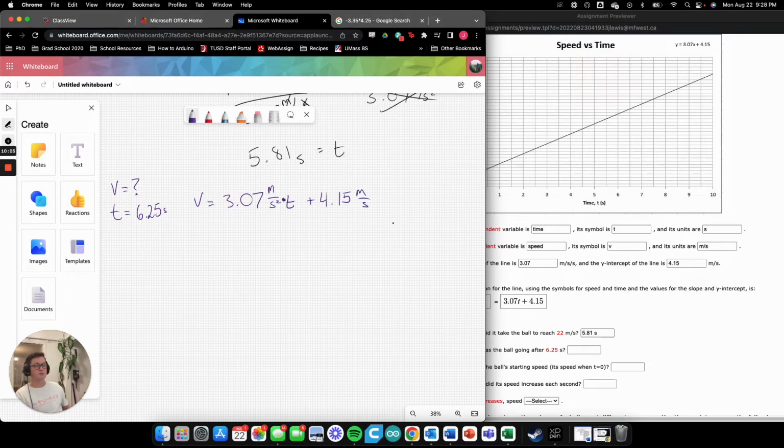Maybe I just shouldn't even show it with the units because it would just confuse you. But this is the proper thing, so I'm just going to show you the proper thing. It'll be fine. We're going to take this time and plug it in over here.